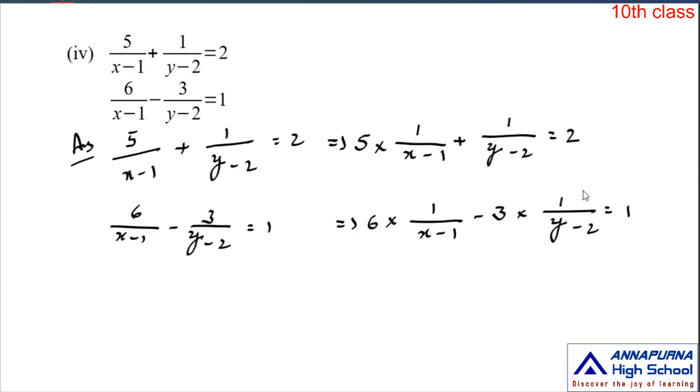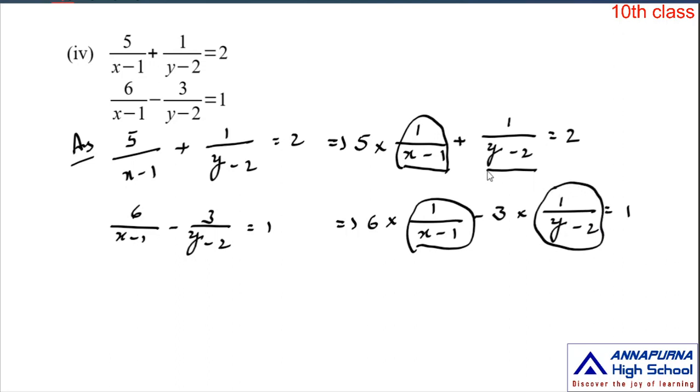When you observe these two equations, it is very clear that the factor 1 by x minus 1 in the first equation is repeated in the second equation, and the factor 1 by y minus 2 is also repeated in the second equation.